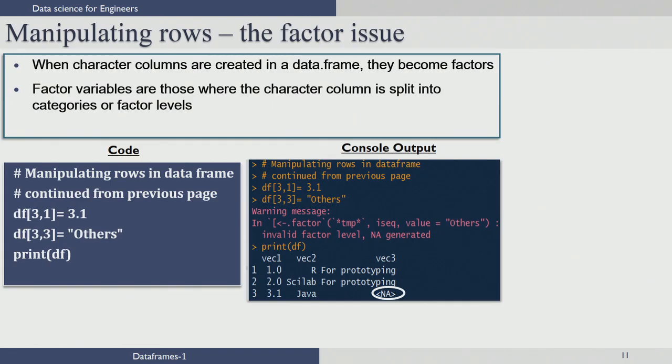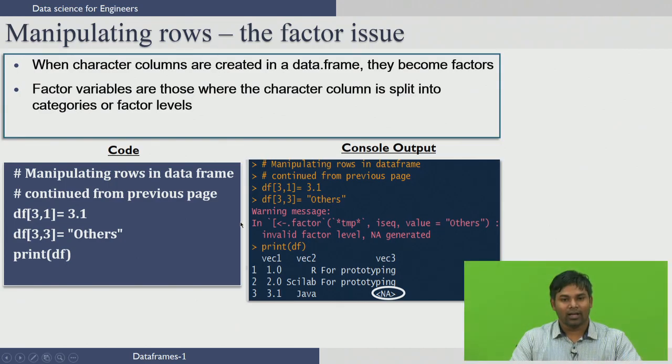Now, we will see how to manipulate the rows in the data frame and what is called a factor issue. R has an inbuilt characteristic to assign data types to the data you enter. When you enter numeric variables, it knows all the numeric variables that are available.